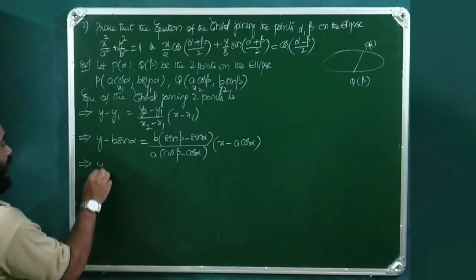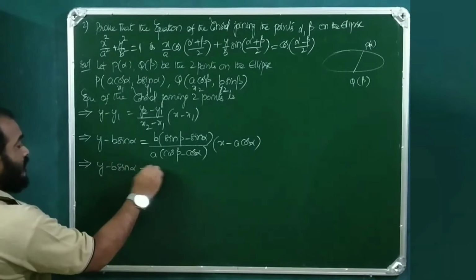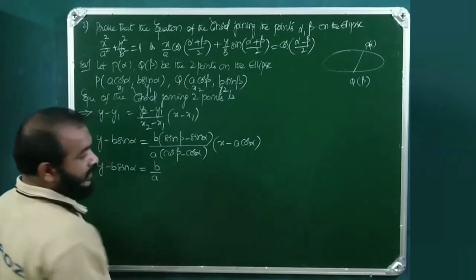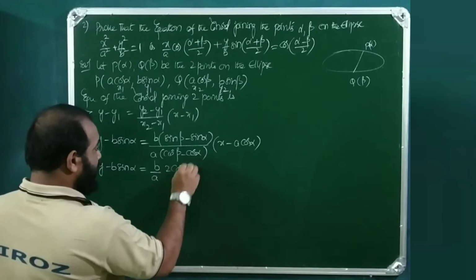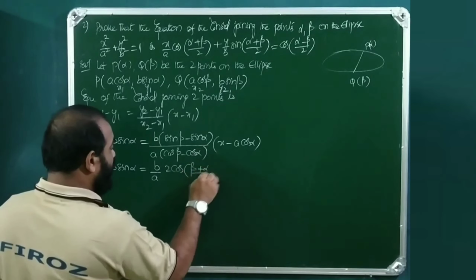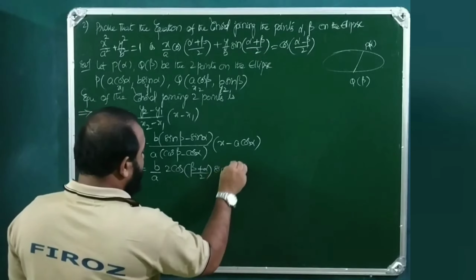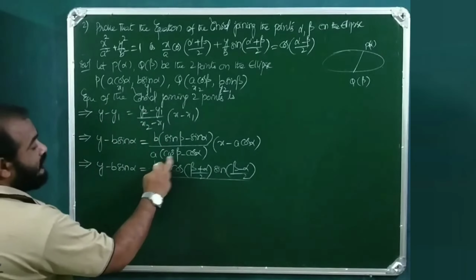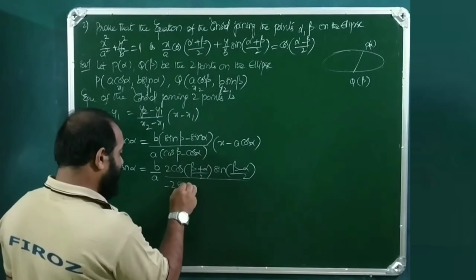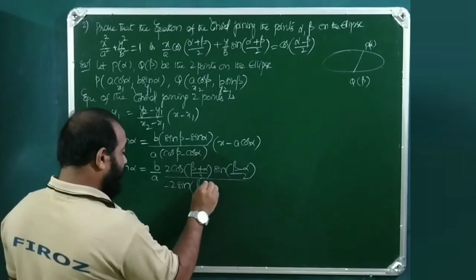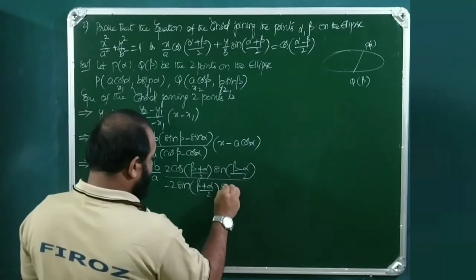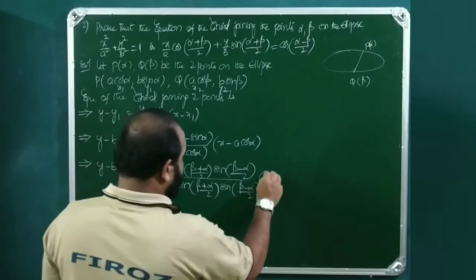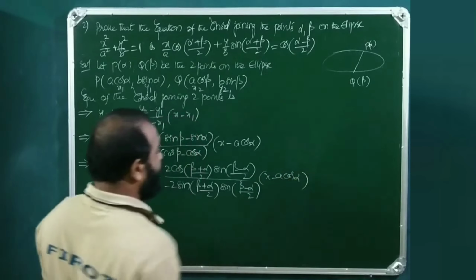This is equal to y minus b sin alpha is equal to b by a, sin C minus sin D is 2 cos((C plus D)/2), (beta plus alpha) by 2, sin((beta minus alpha)/2), by cos C minus cos D is minus 2 sin((beta plus alpha)/2) sin((beta minus alpha)/2) into x minus a cos alpha.